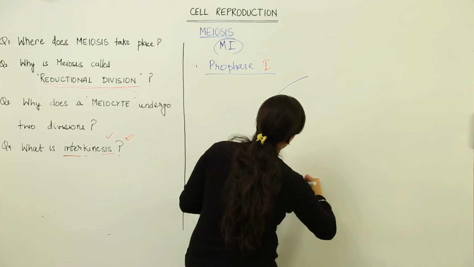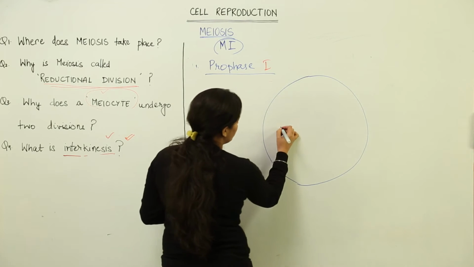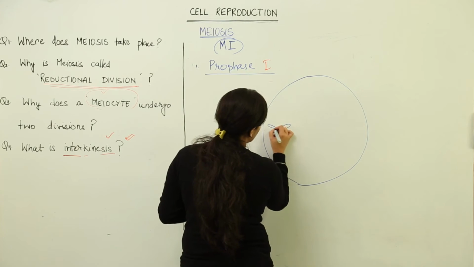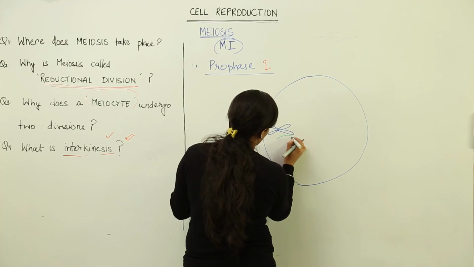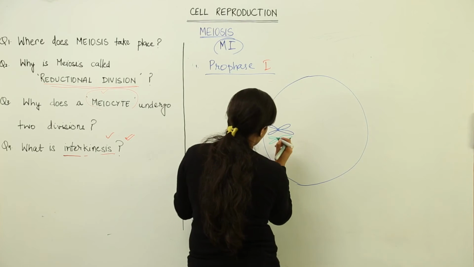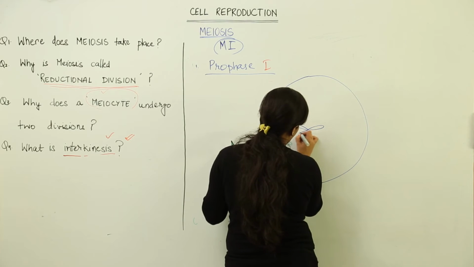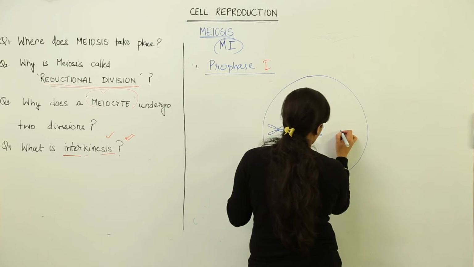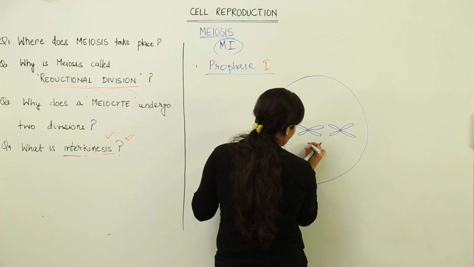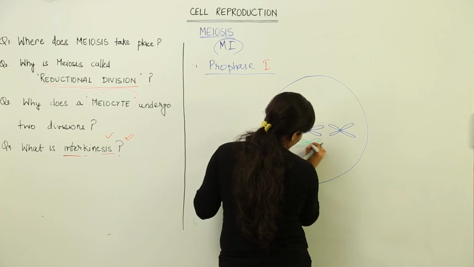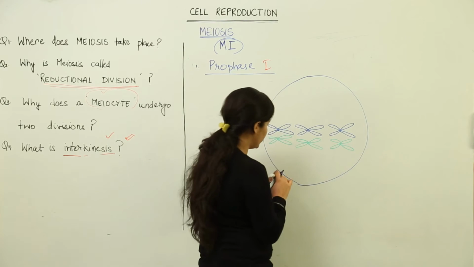Instead of a single chromosome with its 2 sister chromatids, a bivalent would come to the equatorial plate. This is one, and the other one would be its homologue. So the pairs would be arranged in such a manner, and centrioles would have arranged themselves at the poles. Because it is metaphase, the spindle machinery would have assembled and it would come and find the kinetochores.